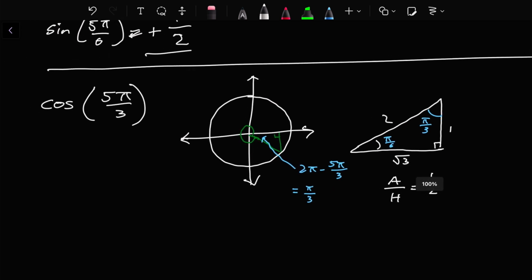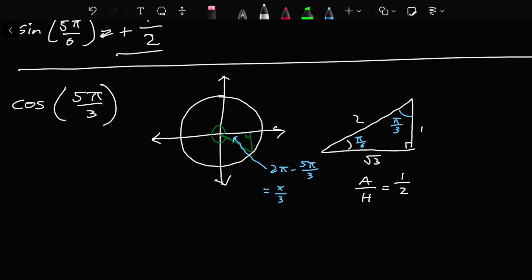All right, so now we want to figure out what cosine is equal to, but we ask our question. Question, is cos theta positive or negative here? And cos measures the x value. So the x value for this particular one is down here.